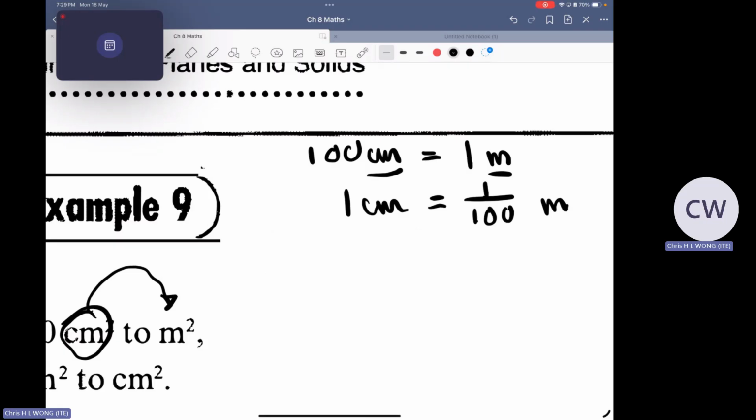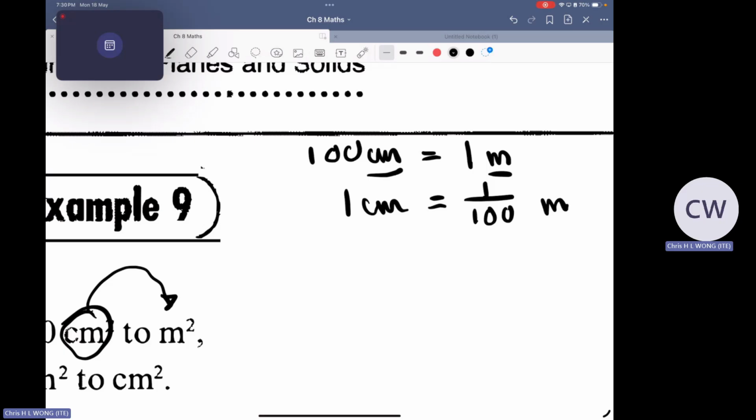Because straight away, if I tell you 100 cm is how many meters, I don't know how you convert. But you could start with 1. Always start with 1. You know that 1 meter is 100 cm, but 1 cm is how many meters? Actually 0 point something. So in order to know the 0 point something, you use this: 100 cm is 1 meter, 1 cm is 1 over 100.